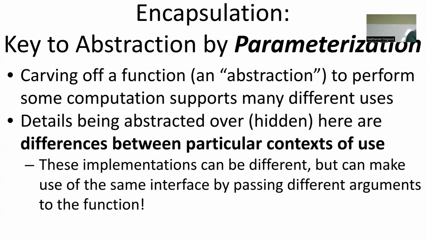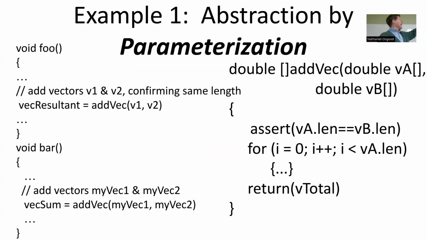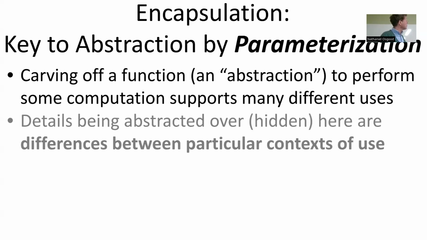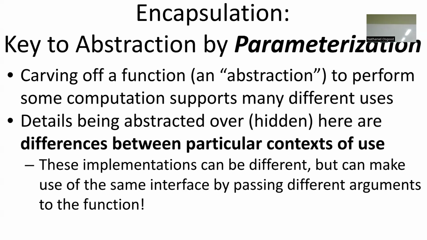So we carve off a function, right? An abstraction. We have an abstraction that represents some concept, right? Adding a vector. Pretty straightforward concept. It's waiting to be born. It's yearning to be born here. And we give it birth, add vec, right? And then we can just reuse it from any place. So we carve off a function.